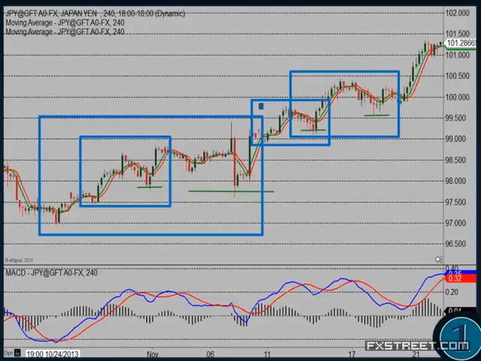There's nothing new about this pattern. There's nothing new about taking a slice of time in a market and being able to identify whether that slice of time is bullish or bearish. And then ideally you want to use that to find the lowest risk, highest reward point to enter a trade.